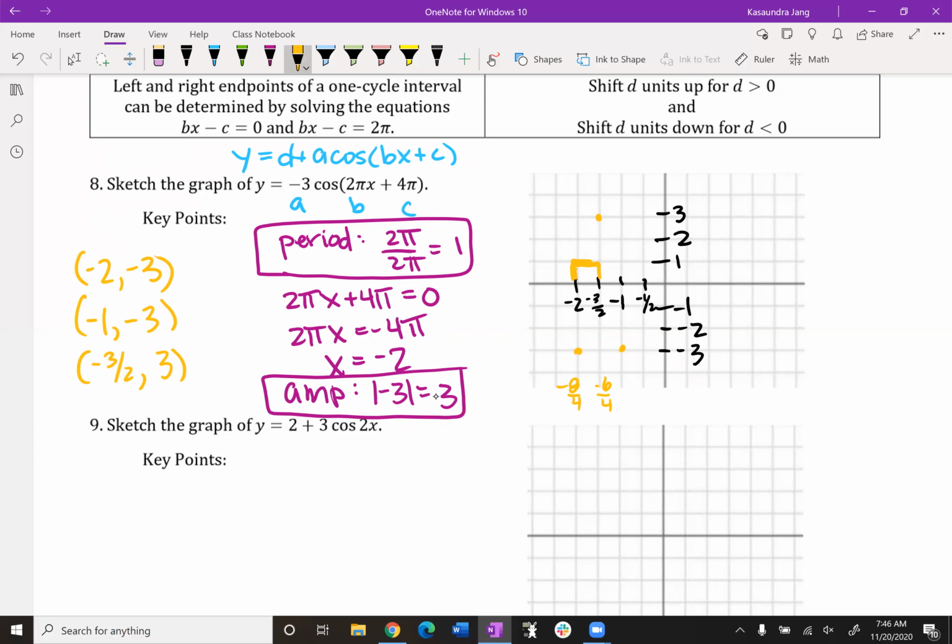So I would get the point -7/4, 0. And then my -1 is like -4/4, and right in the middle of -4/4 and -6/4 would be -5/4. So -5/4, 0. So right between these guys are where I hit my x-axis. There are my x-intercepts right there.